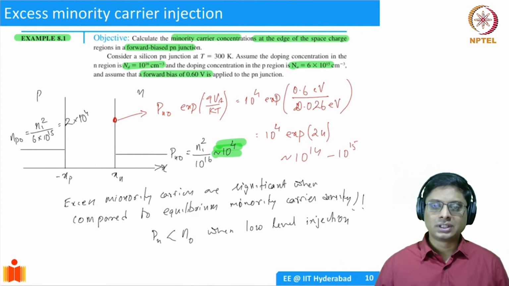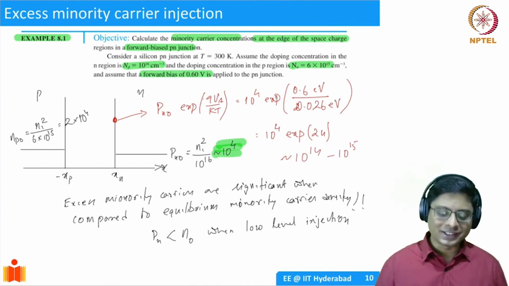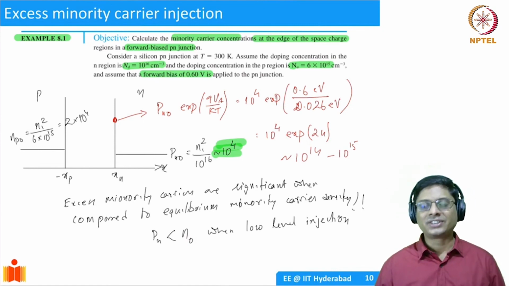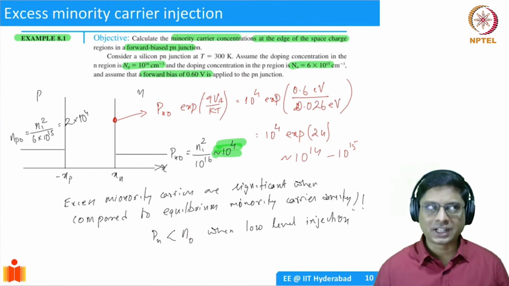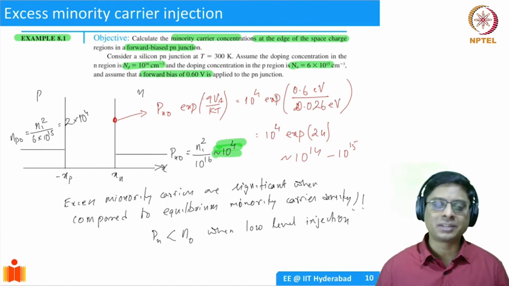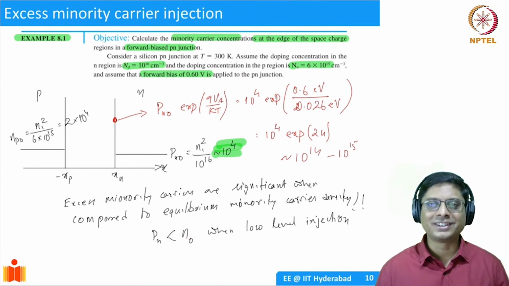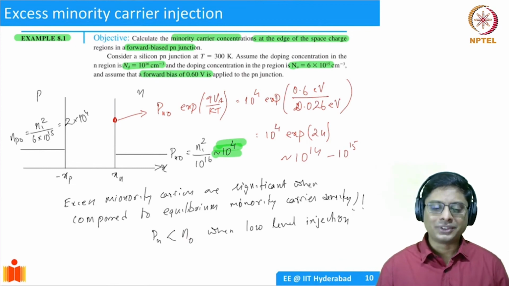So please make sure that you spend the time. Even if you don't want to do research, even in the GATE exams, I see that sometimes you have problems like what is excess minority carrier density and so on. For the last 4 or 5 years, there have been an increasingly larger number of problems from semiconductor devices, and this will help you answer all that. Even if you're not interested in the research aspect, I would urge you to look at it carefully.